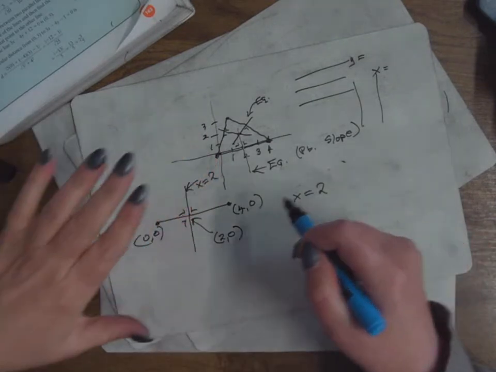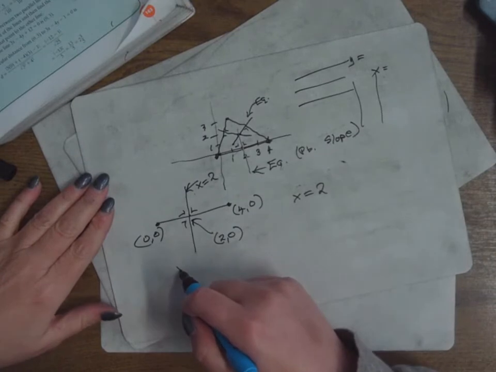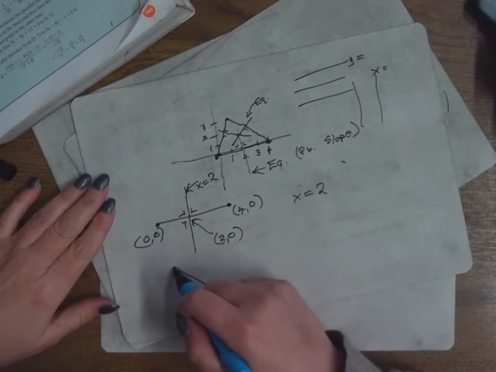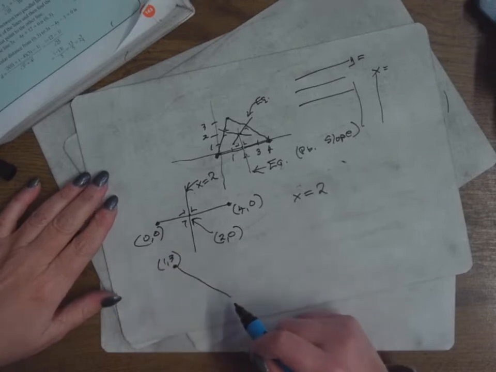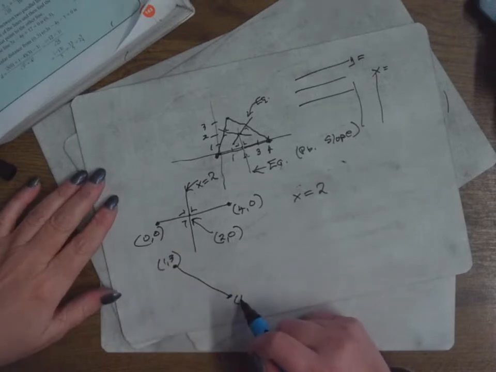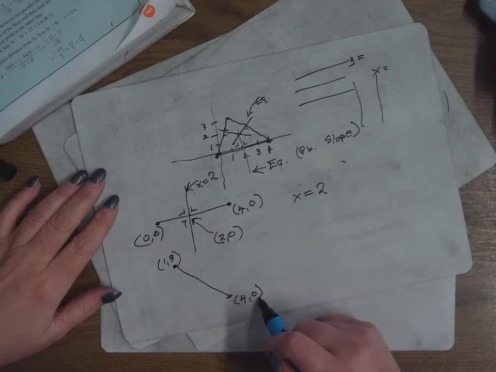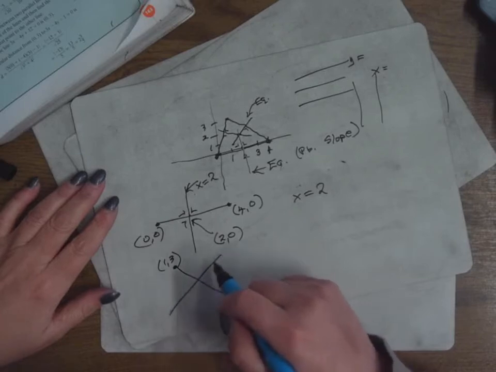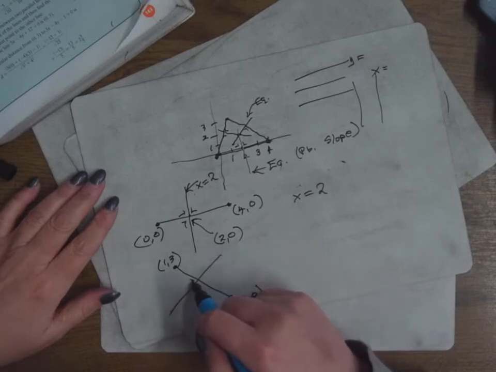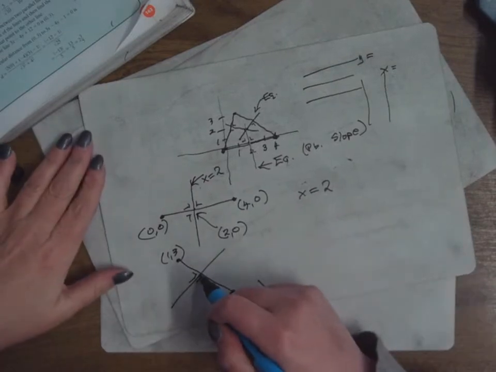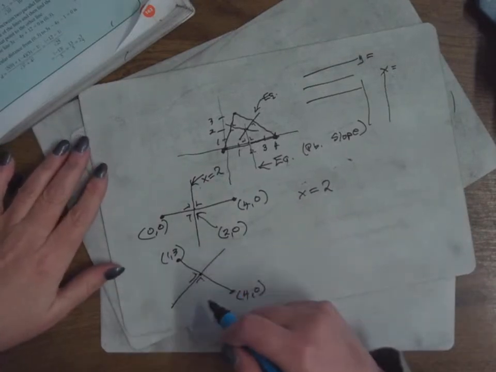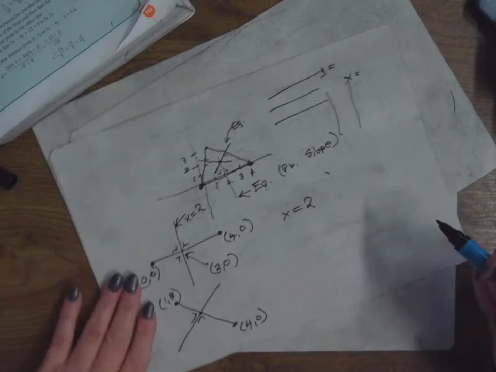Happy? Right, I said I was going to do this line here. Then I want this line, that was 1, 3. This was 4, 0. Okay, and I want to get the equation of the perpendicular bisector. So I want to get the equation of that line. So I need the midpoint, and I need the slope of this line so I can get the slope of a perpendicular line.